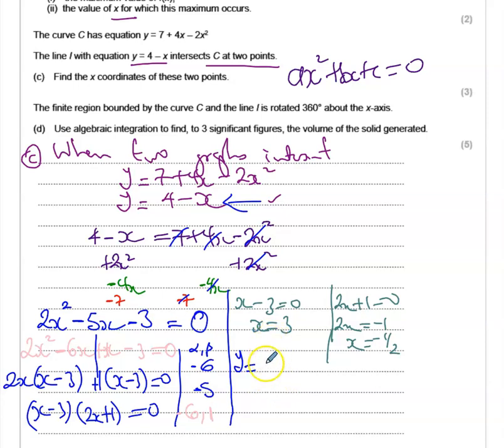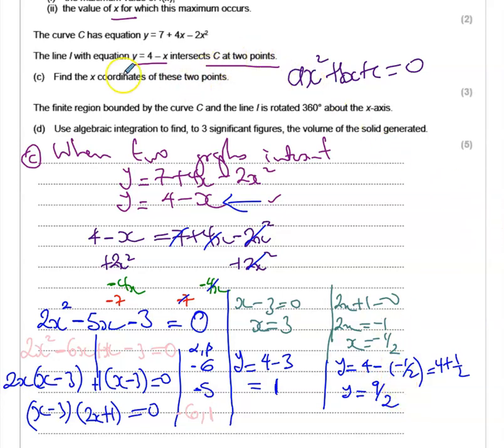In place of x, I will be substituting 3, so I have 4 minus 3, and that gives me 1. And for the other side, I have x to be minus half, so my y will be 4 minus minus half. That gives you 4 and a half, which is 9 over 2.